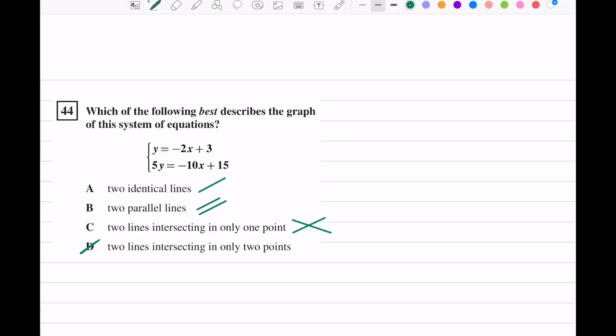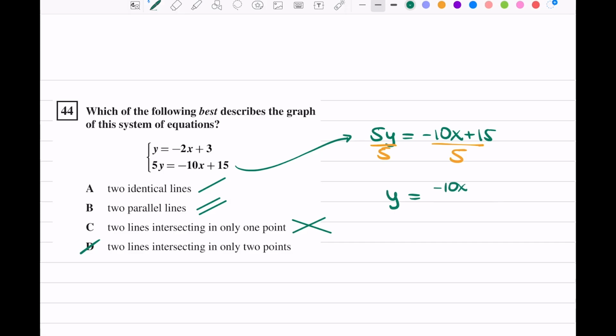And going back to option A, let's see if these 2 lines are identical, meaning they have the same equation. So we'll put our second one into y equals mx plus b form. Let's rewrite it first. 5y equals negative 10x plus 15. To get y by itself, we'll divide by 5 on both sides. That'll lead to y equals, and on the right side, we'll split this fraction into 2 pieces.